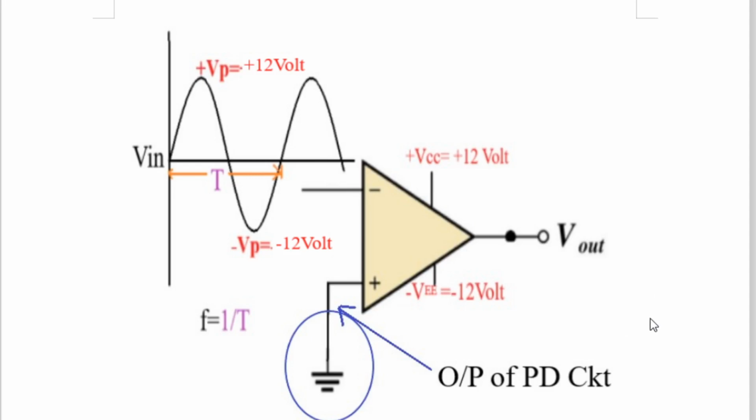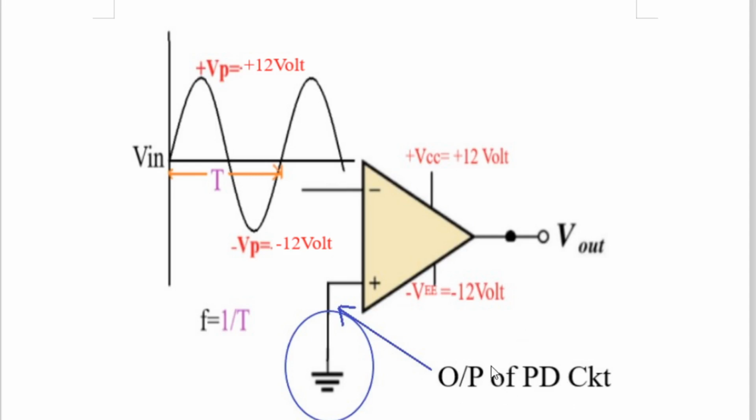That depends on which half cycle is going on. Now forget about that. Let us concentrate on this now. Suppose I remove this ground. At the non-inverting input pin, that is the positive pin, here we'll apply the output of the potential divider circuit which I studied just 2 minutes before.